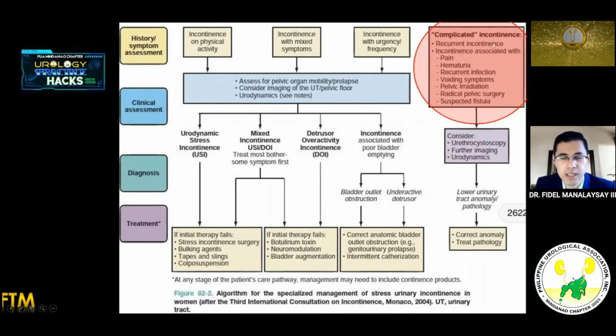In this type of case, we should advise the patient to consult a specialist because the specialist might do a ureterocystoscopy or imaging or urodynamic study.